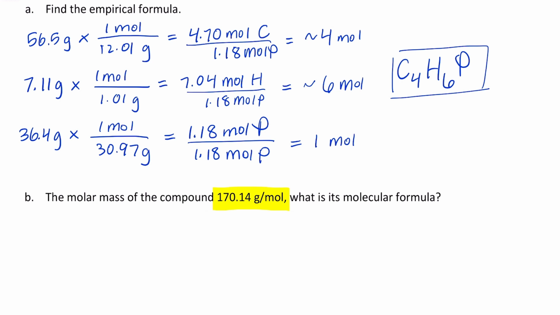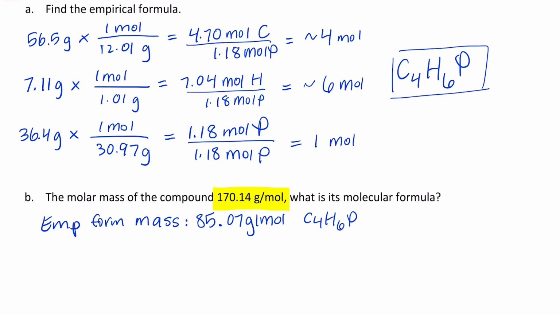So now the first thing we're gonna do is to find the empirical formula mass. And that will give us 85.07 grams per mole. And that is for the C4H6P empirical formula.